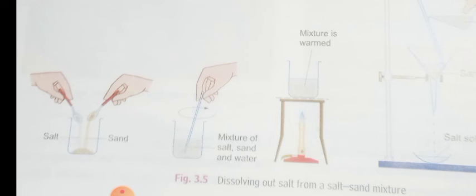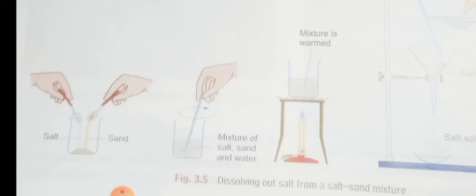Add some water to the mixture and stir it vigorously, and warm it from time to time so that all the salt dissolves in the water. So meanwhile you have to warm the mixture also.